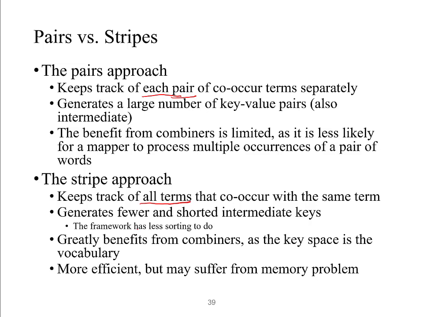But the stripes approach greatly benefits from combiners as the key space is the vocabulary. So you would expect to see a lot of key value pairs with the same key in that partition, so that you can combine the values first, before doing the reduce.